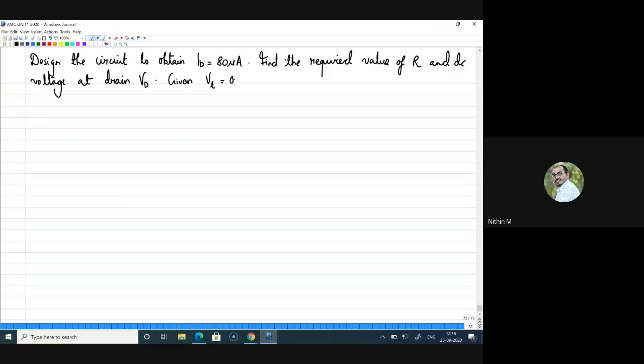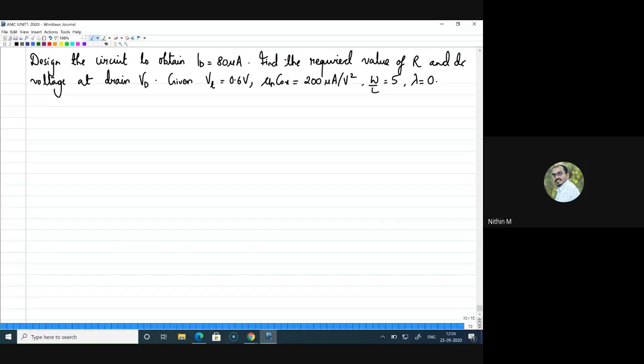Some information is given about the MOSFET. The VT of the MOSFET is 0.6. The process transconductance parameter mu n Cox is 200 microamps per volt square. W by L is given as 5 and lambda is given as 0.